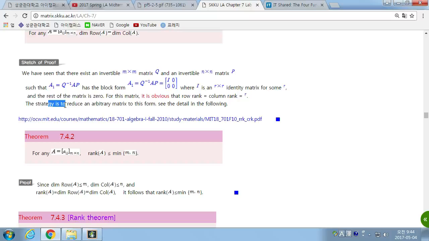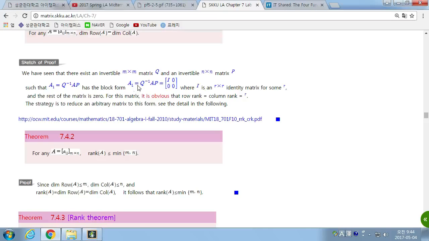So the important thing is, if we multiply an invertible matrix on the left or right, there is still no change in the rank of a given matrix. Suppose you have a matrix, then if you multiply by a non-singular matrix, the rank does not change. So the rank of A is the same as the rank of A1.